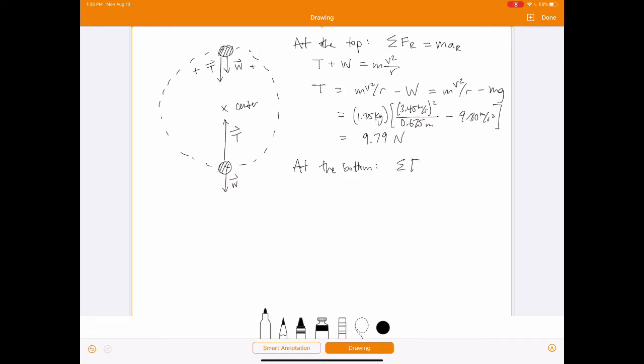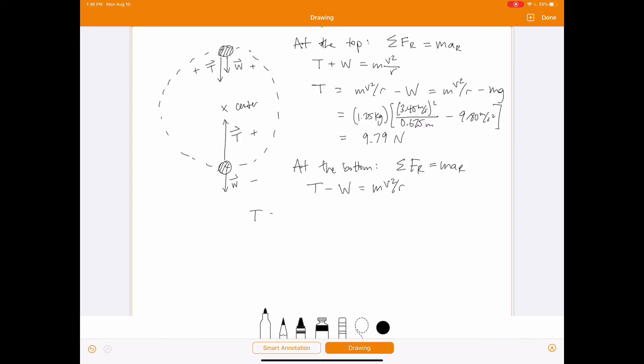What about at the bottom? We're going to start with the same formula, Newton's second law applied to the radial direction. But let's be a little careful now. The tension force is going to be positive because it's going in towards the center of the circle. But the weight is now negative. It's pointing out of the circle. So what we have is T minus W, because the weight gets a negative sign now, equals mv squared divided by r.